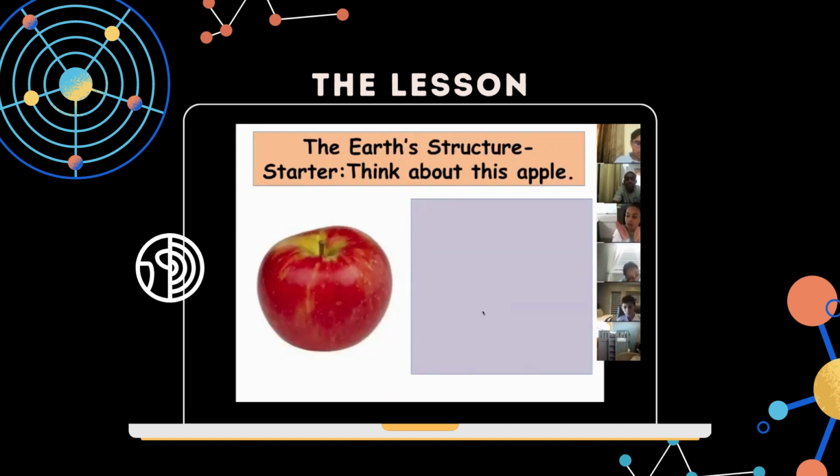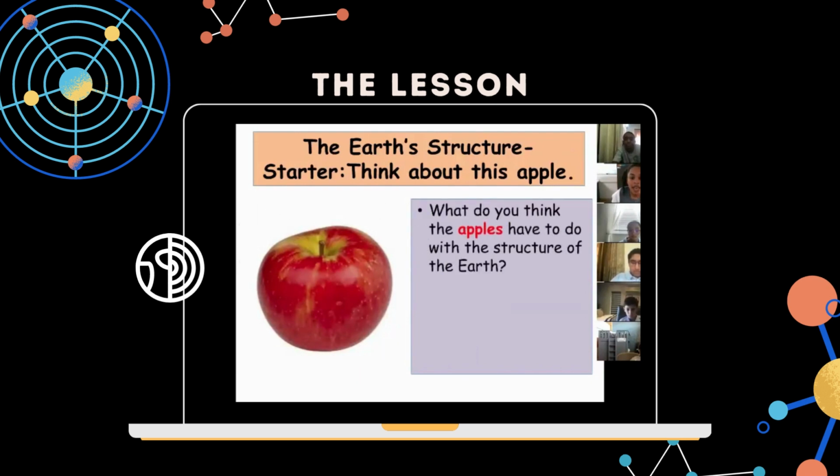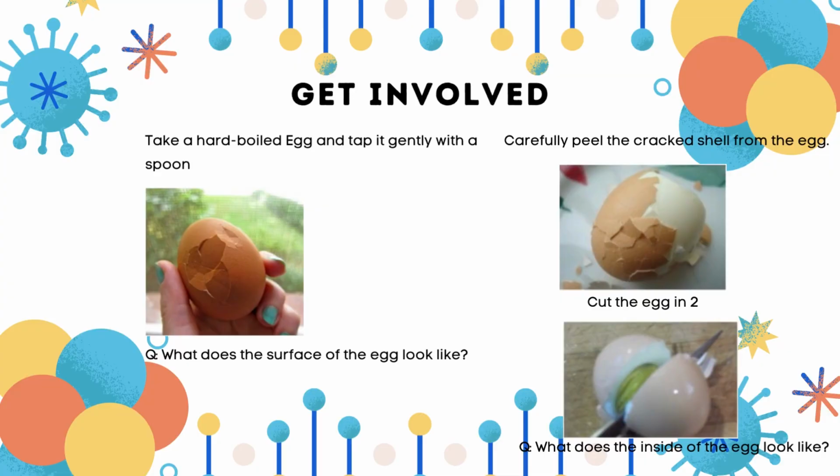It's not the outermost layer, it's not the core, but it is, as you said, a middle layer. And this middle layer, this fleshy white bit that you bite into, is the thickest layer of the apple. And that's similar to the structure of our Earth. Our mantle is our thickest layer in our planet. So that's what we're going to look at now.